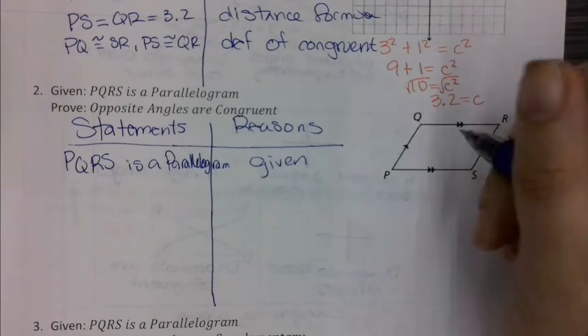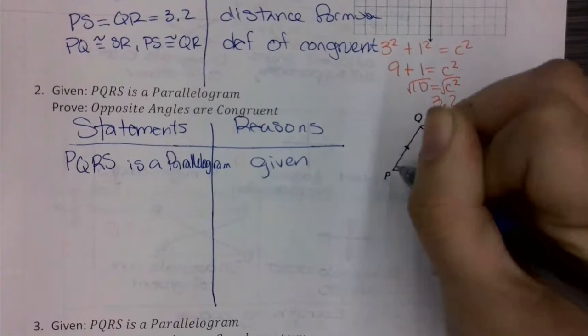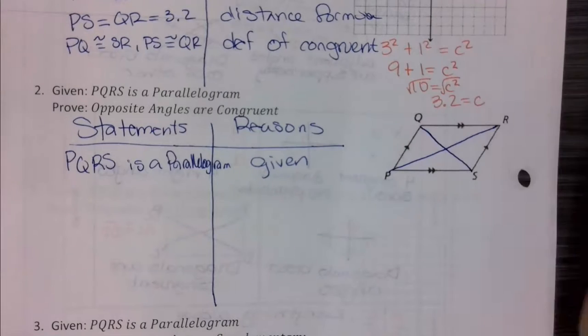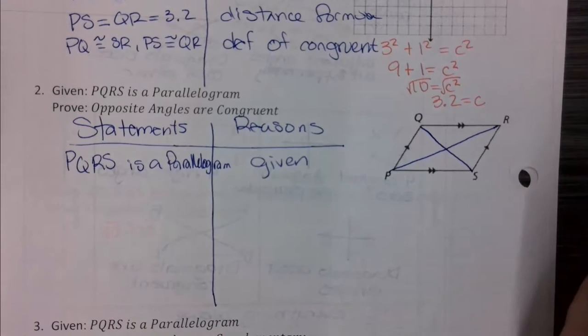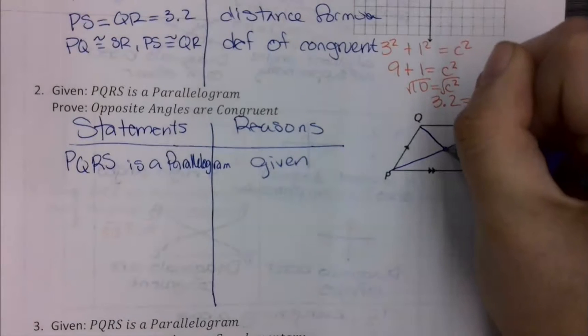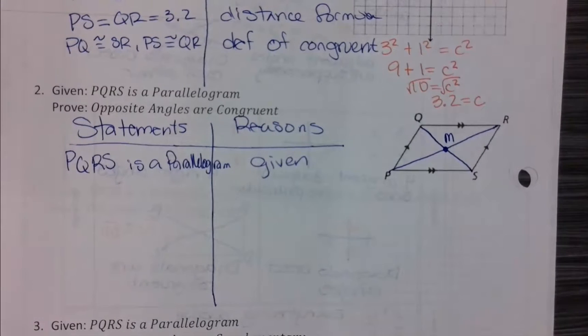Okay, so over here I'm going to draw my diagonals. I'm going to label the point where they cross down.